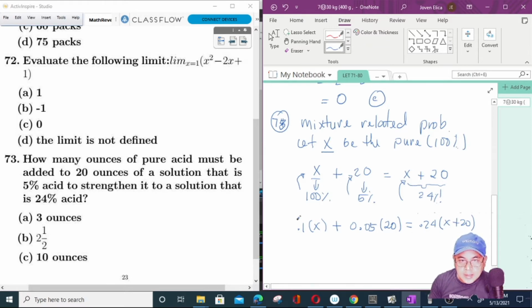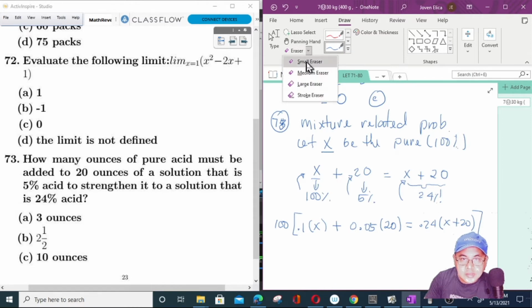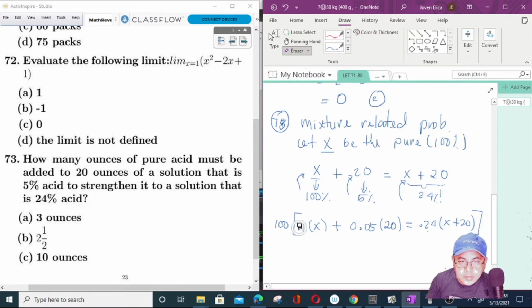So let us multiply by 100 so that the decimal point will become a whole number. This is already, sorry, this is already 1. The 100% is already 1, so there is no decimal point here because 100% is equivalent to 1.